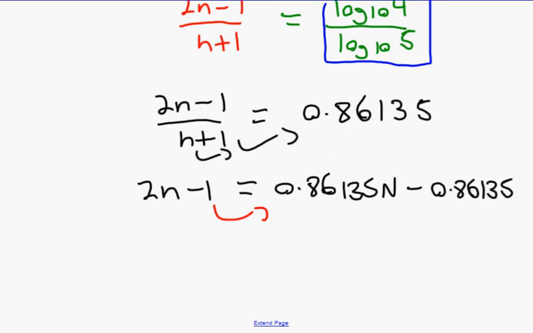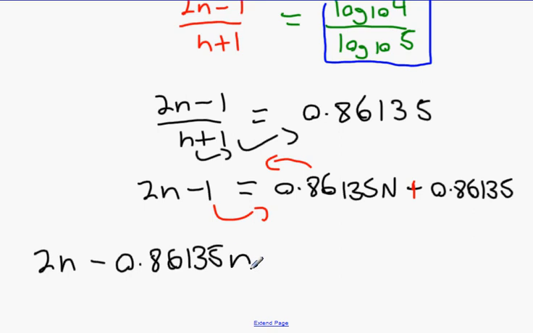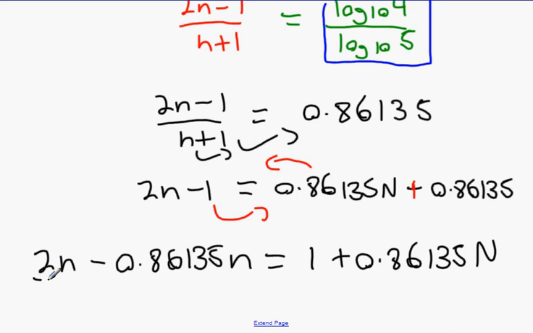Why is it a minus? Oh, sorry, it's a plus. Well done. Okay, so what we're going to get next is 2n minus 0.86135n equals 1 plus 0.86135. Can somebody tell me what that is in the calculator?